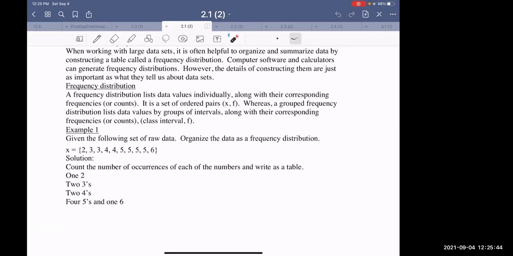So if you've ever looked at a gigantic list of numbers, let's say you have 1 million numbers, and you look at them, and they're not in any order, and they're not organized in any manner.